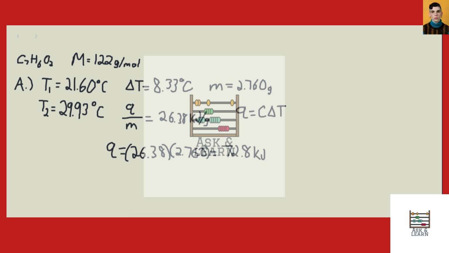So that's our Q. We're going to rearrange this. So this is going to be Q over delta T is equal to C.